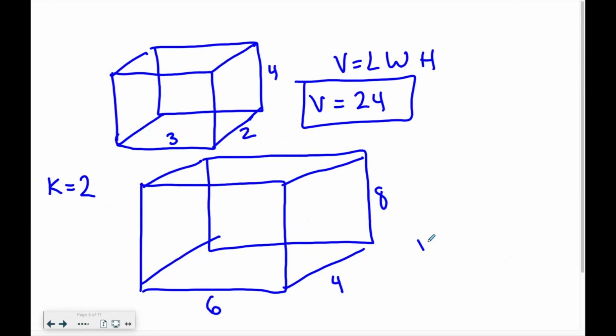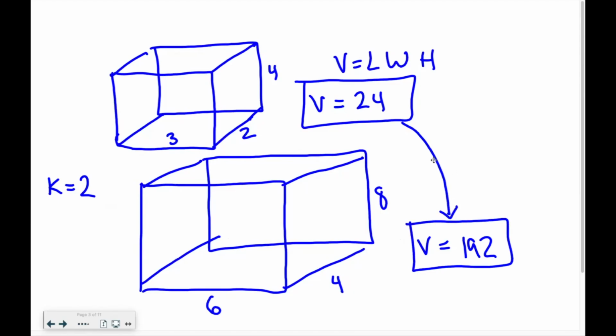The long way of doing this would have been finding this volume and this new volume. So 6 times 8 times 4 is 192. If we wanted to see what it got multiplied by, doing it this longer way would be 192 divided by 24. That would give us 8.